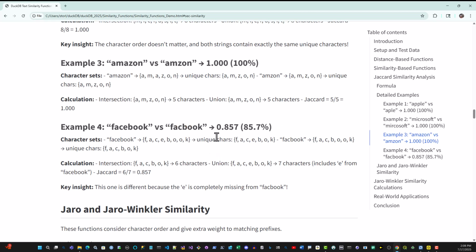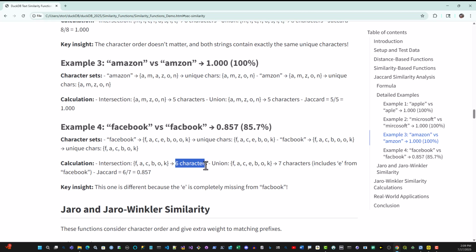Keep in mind, the unique characters are going to be F, A, C, no E, because that E is not in this word, and then B, but we only need one O for it to be unique. So we don't need the second O, and you can drop that from both words here. Therefore the unique characters become F, A, C, B, O, K, and that's 6 characters.